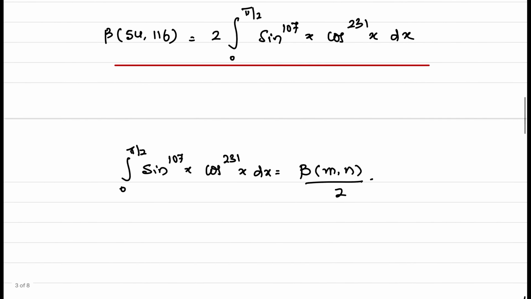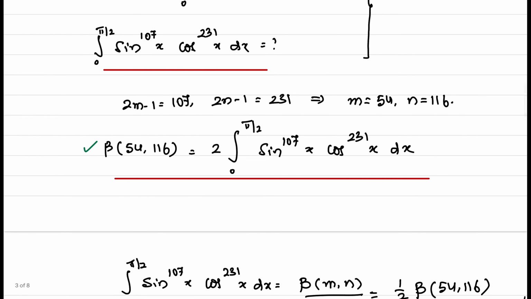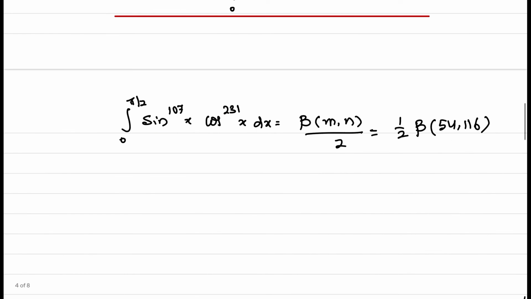Do you agree? That is equal to half into beta 54 116. From this and from this, we got this value.